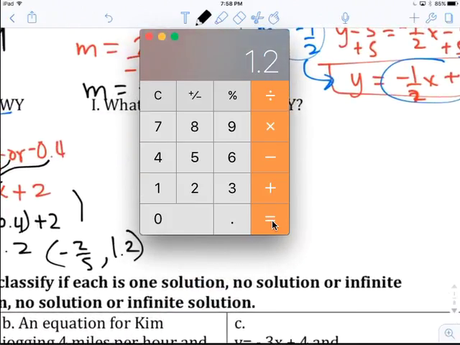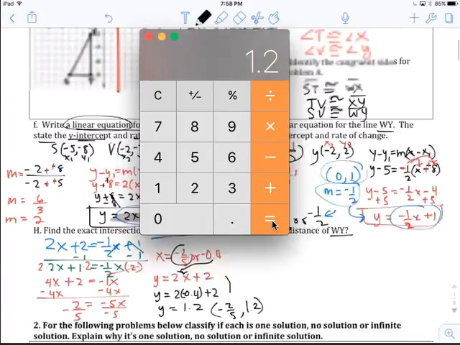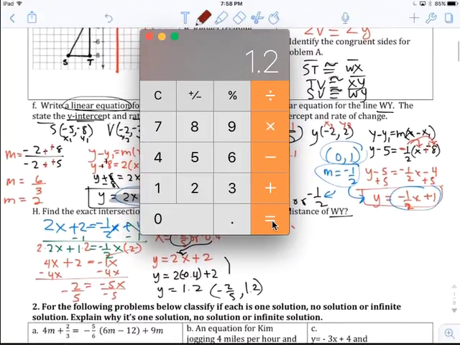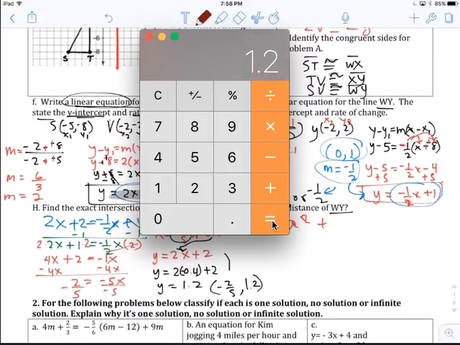Should get both. What is the distance of WY? Oh, WY, you use the Pythagorean theorem. That's 3. It's 1, 2, 3, 4, 5, 6. That's 6. So you do a squared plus b squared equals c squared. 3 squared plus 6 squared equals c squared. 9 plus 36 equals c squared. 45 equals c squared.